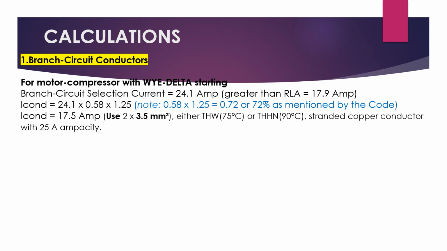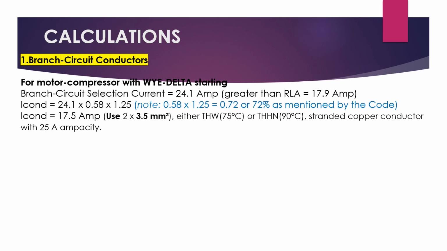So I conductor is equal to 24.1 times 0.58 times 1.25. So 72% is taken by multiplying 0.58 times 1.25, that is 0.72, or 72% as mentioned by the code. I conductor therefore is 17.5 amperes.